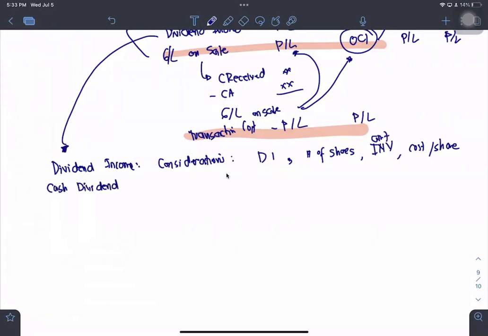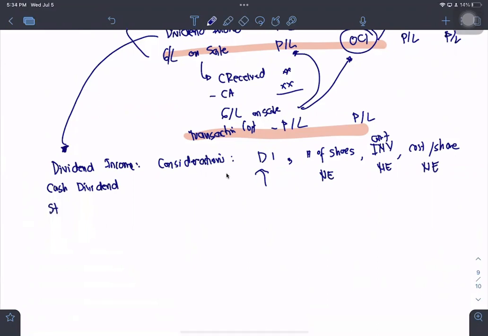For cash dividend, we will not talk about the general entries at the date of declaration, date of record, and date of payment. We will just look into the effect of a cash dividend. In a cash dividend, it will increase the dividend income, with no effect on your number of shares, no effect on your amount of investment, and no effect on your cost per share.